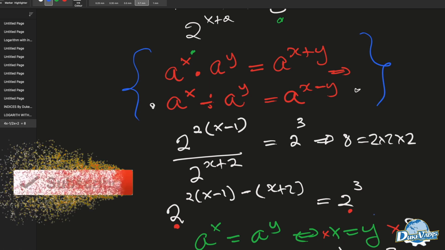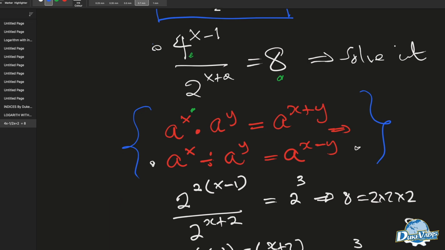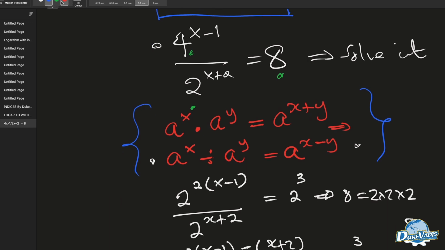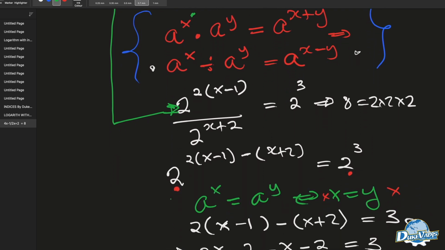First of all, we expanded the 4 over here to 2 raised to the power 2, so we have 2 raised to the power 2 into x minus 1.